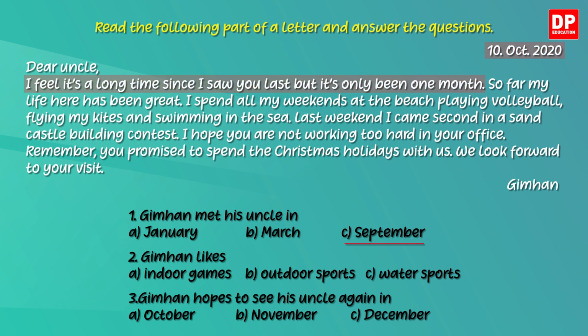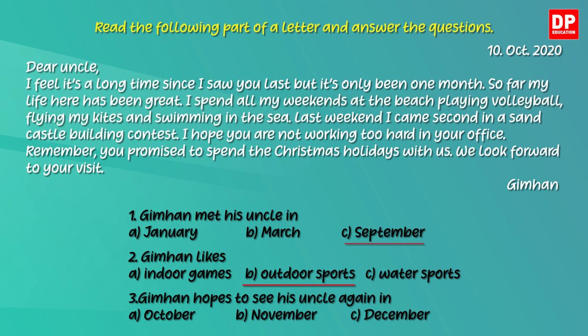Now the second one. What could you guess? Yes, it's B, outdoor sports. He likes to spend all his weekends at the beach playing volleyball, flying his kites and swimming in the sea. These are all outdoor sports. So he likes outdoor sports. Let's see the third one now.